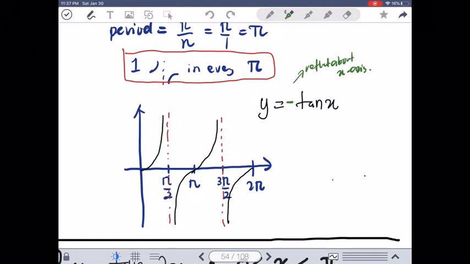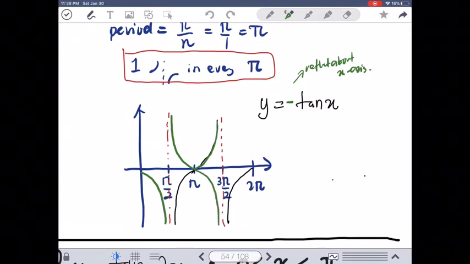Again, reflection about the x-axis, just imagine it goes down like this. Okay, so done with that part. Reflection about the x-axis becomes like that, and reflection about the x-axis becomes like that.